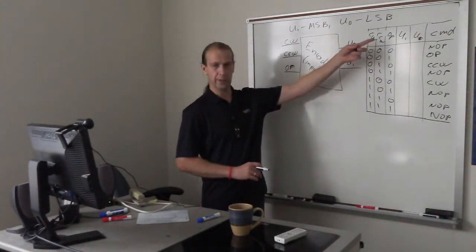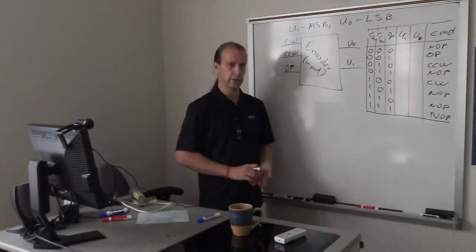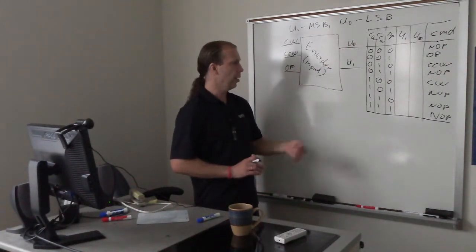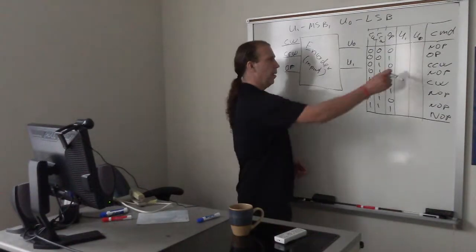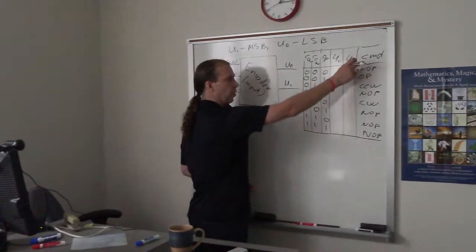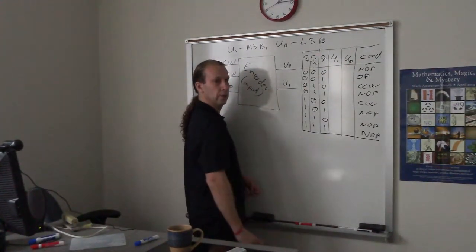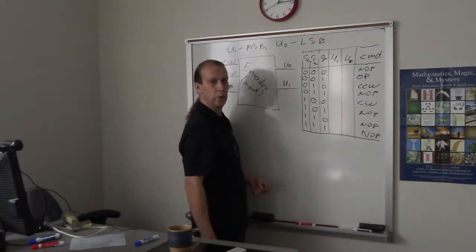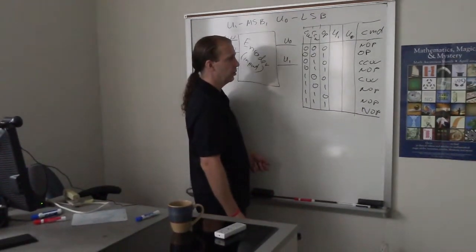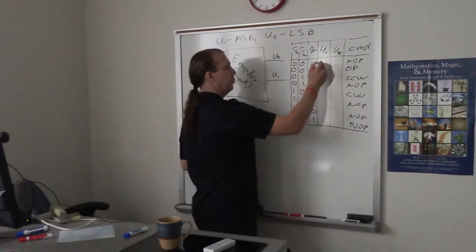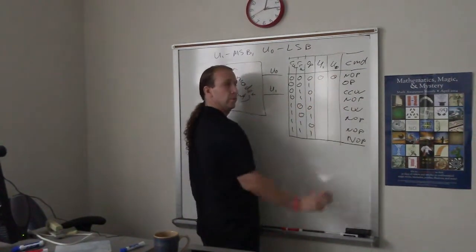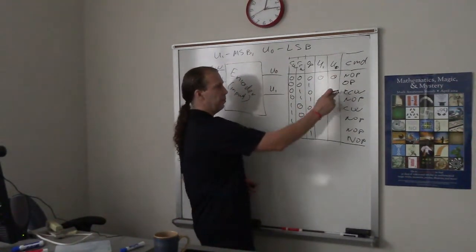And the commands are actually the ones which you saw on the diagram. Now what we want to do is come up with combinations to encode these commands, and it's up to us how we do it. So let me say my no operation will be encoded with 0, 0.